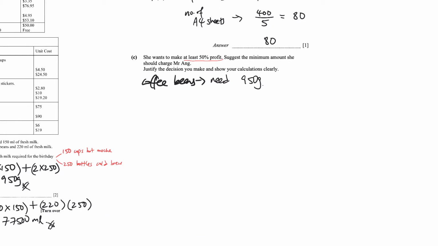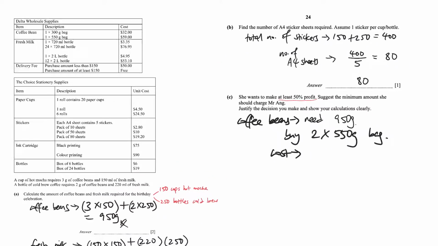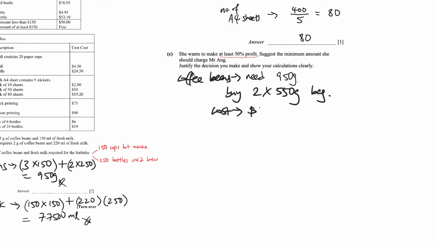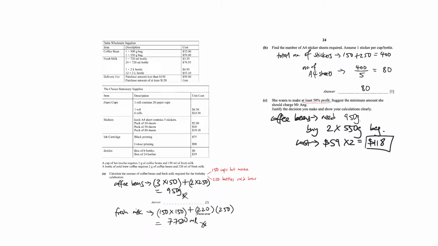So the cost will simply be $59 times 2, which is 180. Okay, I'm going to box it up. Coffee beans, done.